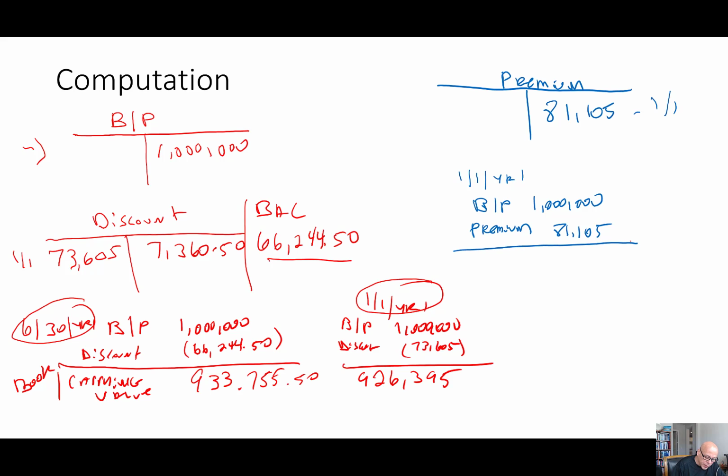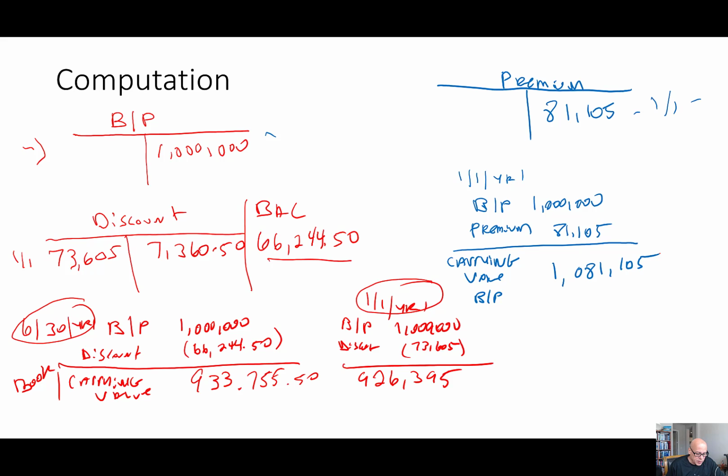I add the premium. They're both credits, right? The bond payable is a credit, the premium is a credit. So now I have what? Carrying value. Carrying value of bond payable is $1,081,105. Okay, good.